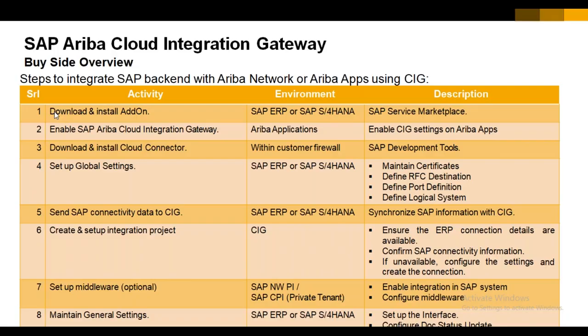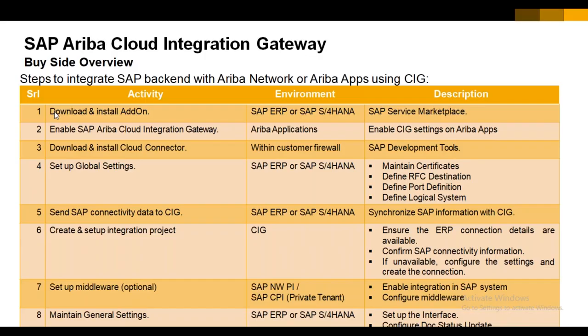Okay. And all of these will be provided by the SAP Ariba team. They will give us the list of add-ons that are needed, right? Basically, you can get this information from the Ariba team as well. But usually, before starting the implementation activities, we refer to the Ariba CIG cookbook, the Cloud Integration Gateway Cookbook.